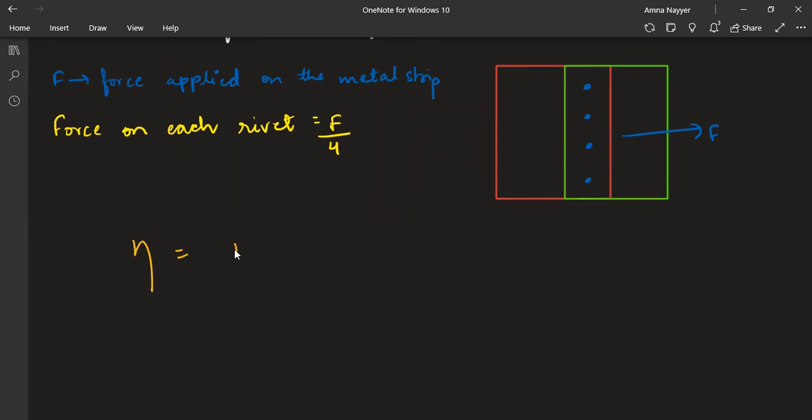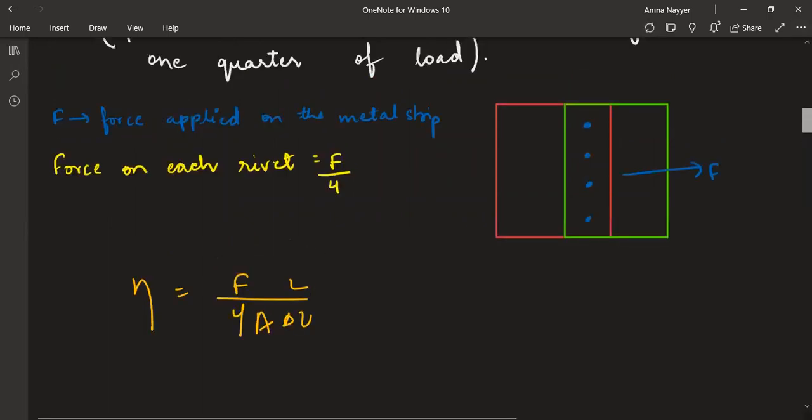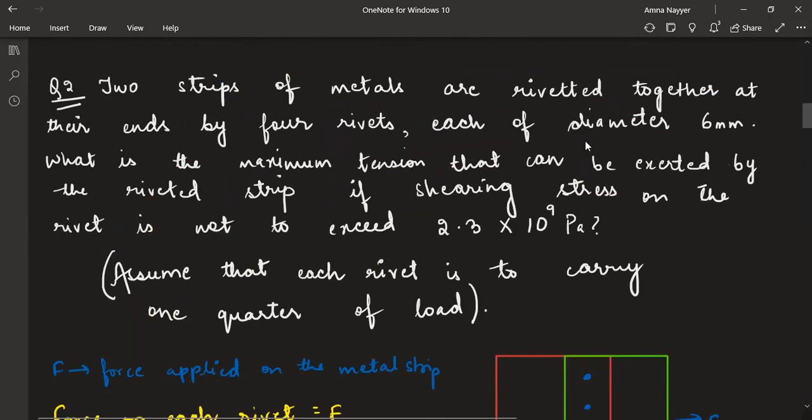So here shear force is F by 4, then area into change in length by original length. This is how you will write it. Area is given, and here you have shearing stress with you. Shearing stress is mentioned, and you have to find out maximum tension.